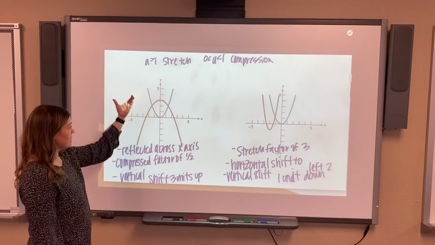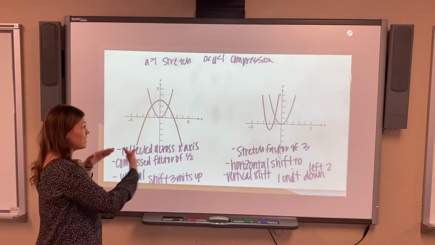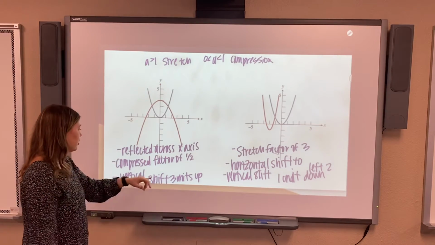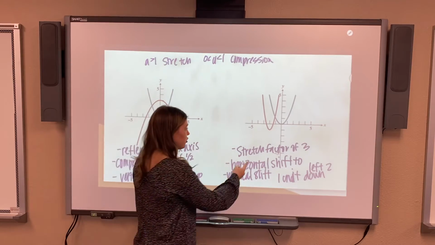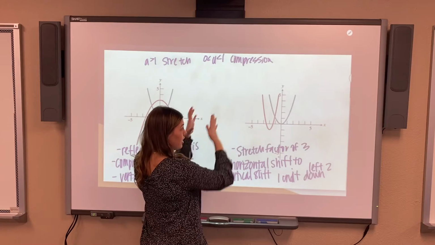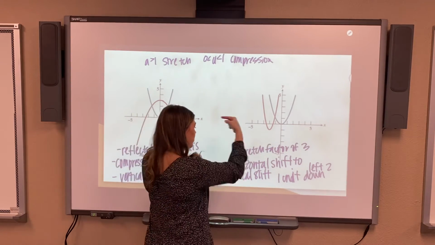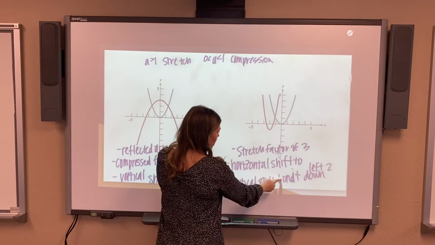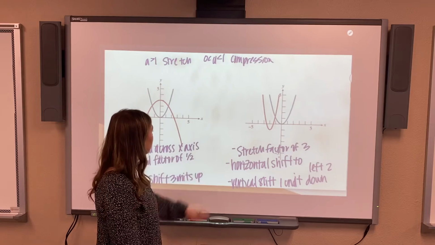It's reflected across the x-axis, flipped upside down. It's compressed by a factor of 1/2, and so that means it's wider. And then a vertical shift 3 units up, so it's up. Then here, it's a stretch by a factor of 3, and so that means it's skinnier. The numbers are stretched up higher, it grows faster. Horizontal shift to the left 2, and then a vertical shift 1 unit down. So left, down, and it's skinnier.